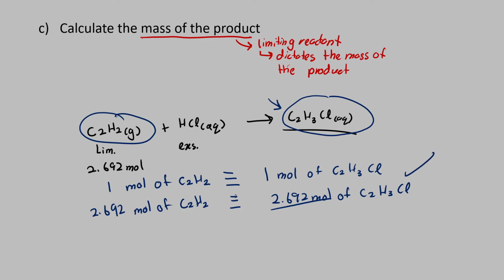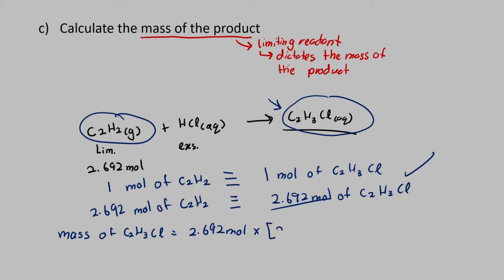Okay, and then to find the mass, as usual, mass of C2H3Cl should be equivalent to 2.692 mole multiplied by the molar mass of C2H3Cl.